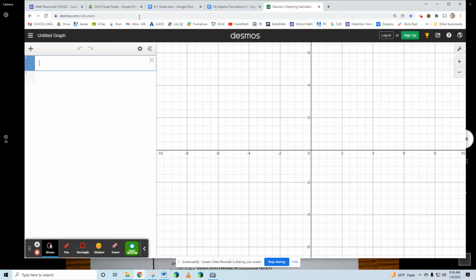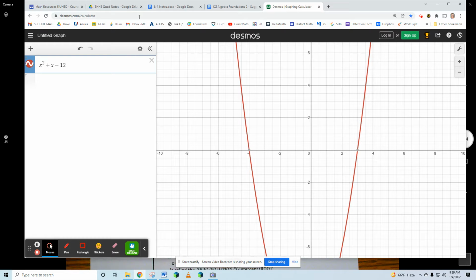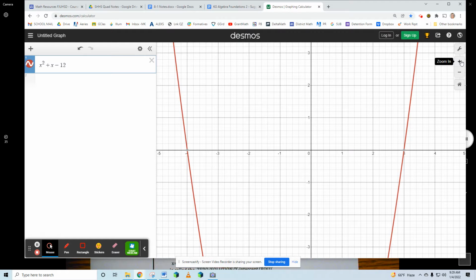If in Desmos I graph x squared plus x minus 12, and in Desmos I don't need to put the equal 0, but look at where it hits.